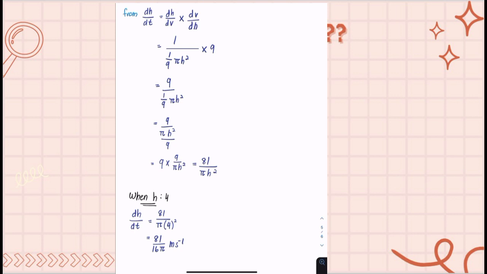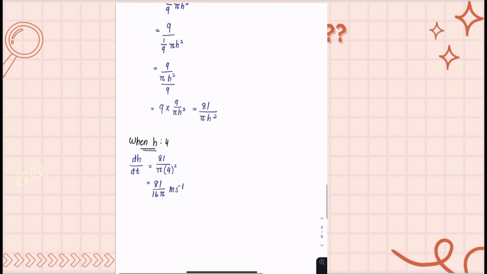Then we do the full calculation and we will get 81 over pi h squared. After that, we put h as 4, so dh/dt equals 81 over pi times 4 squared. So we will get the answer here, 81 over 16 pi m/s.